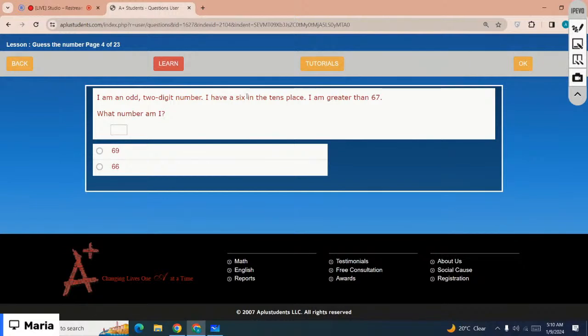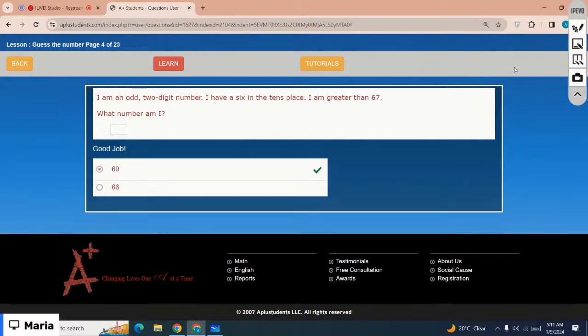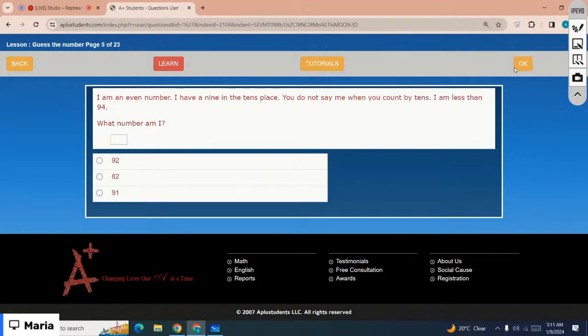Yes, the correct option is 69 because 66 is smaller than 67, right? The correct option is 69.